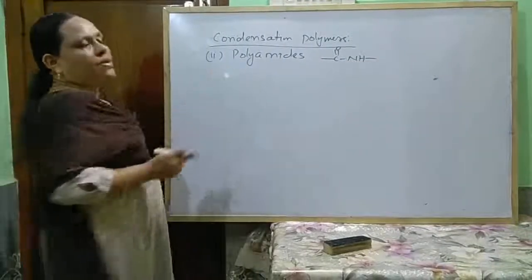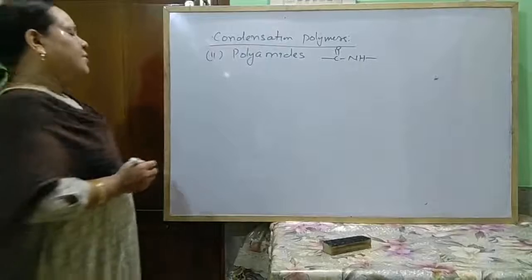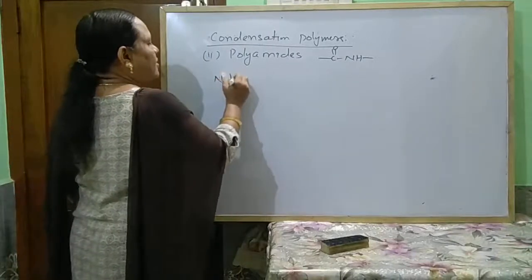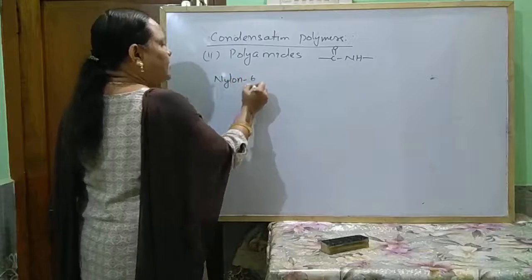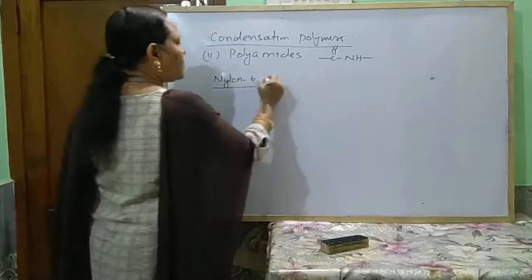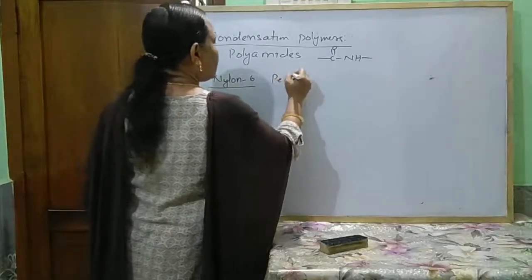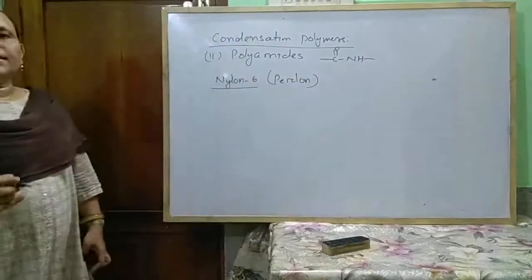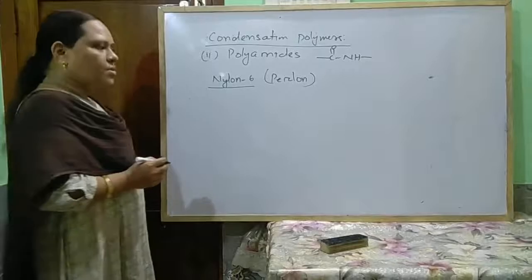That's why these are known as your polyamides. One of the polyamides is nylon 6. Another name of nylon 6 is Perlon.